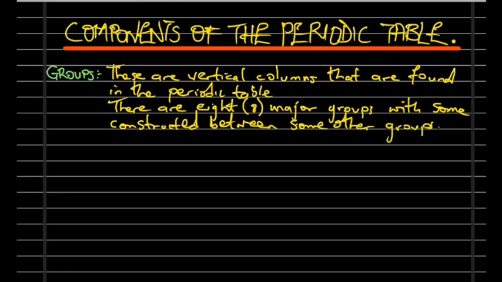We'll get to understand that shortly. And so like I said, we have them ranging from group 1, 2, 3, 4, 5, 6, 7, 8. We have them like that.